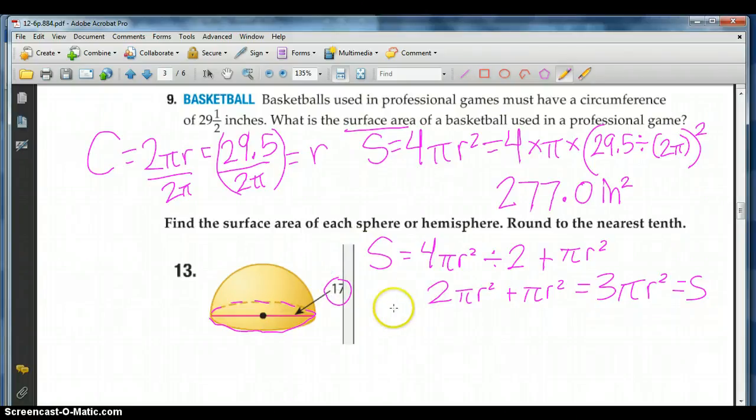Well, our diameter is 17, so divide that by 2, which gives us 8.5.